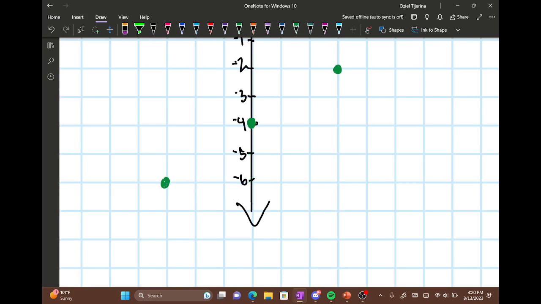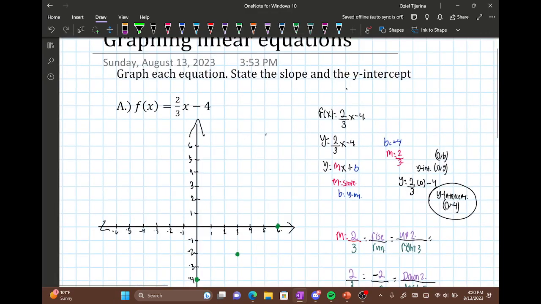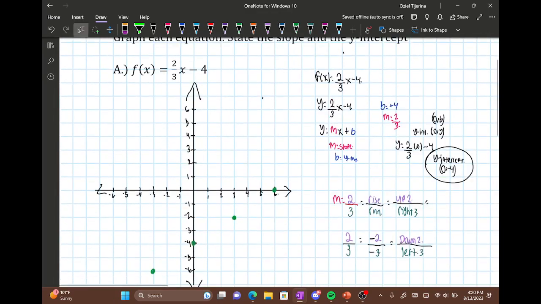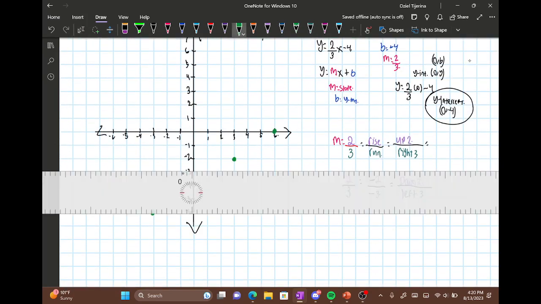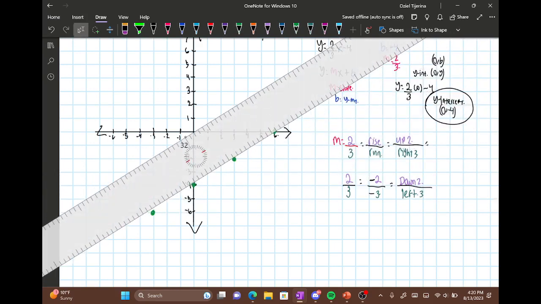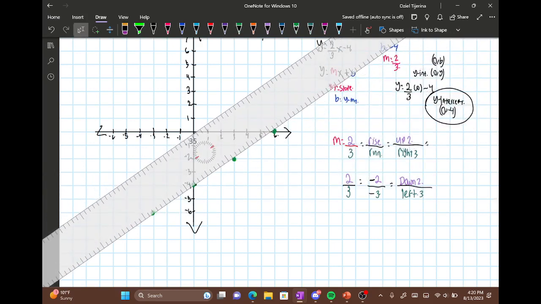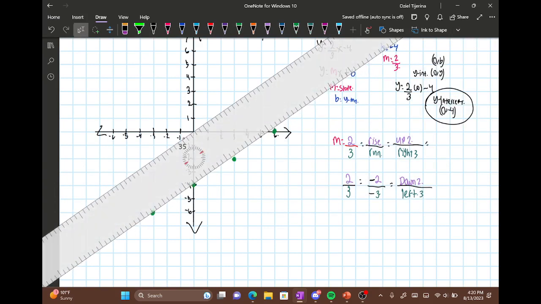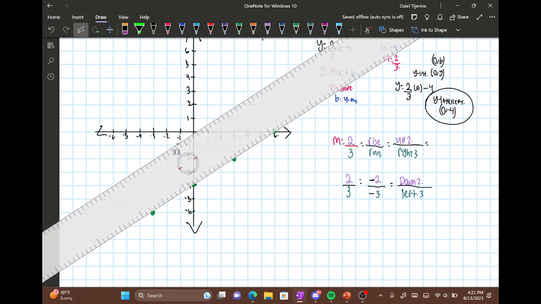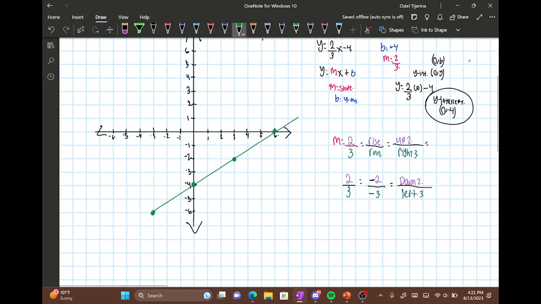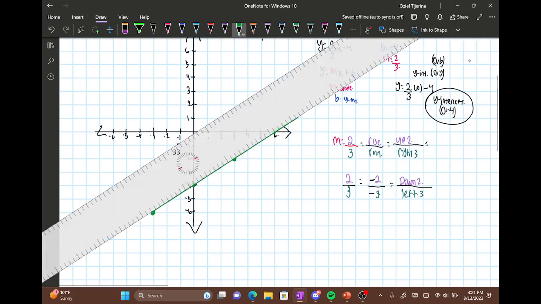So my graph is going to look like the following way. I'm going to do my best to draw the line. It's not going to be to scale, so I apologize if it looks kind of weird, but it's going to be something like this. Like I said, it's not perfect, but we can see that it forms somewhat of that line.